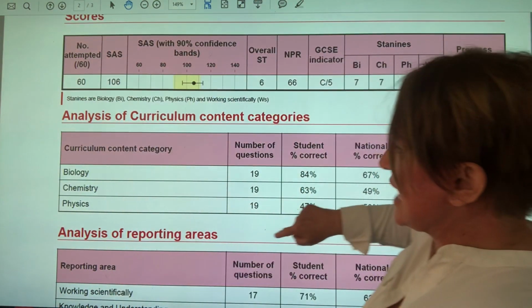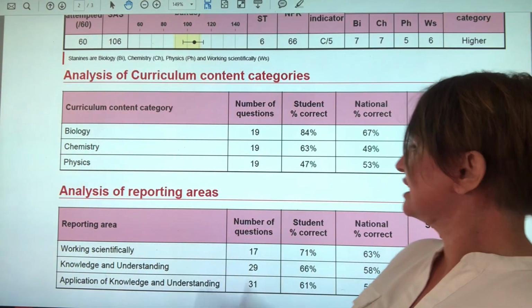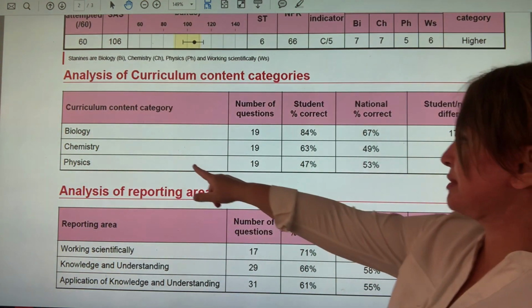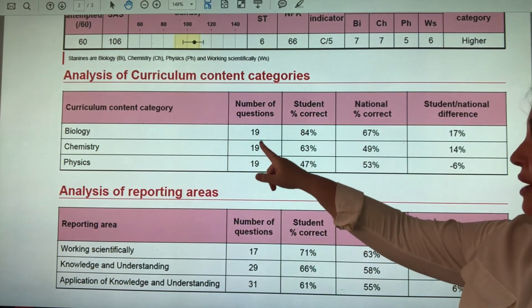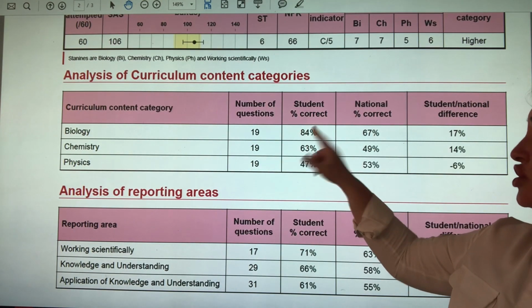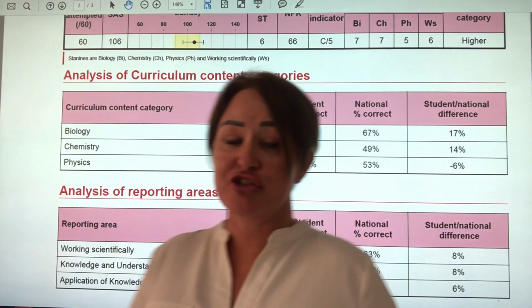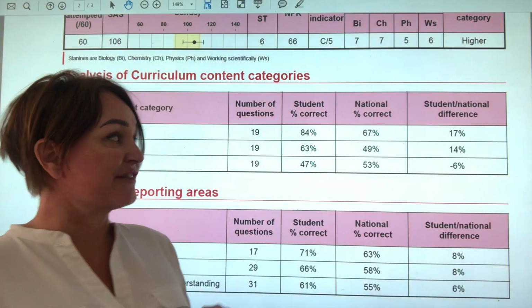Now we have an analysis by curriculum content category. Clearly, it speaks for itself. The number of questions for each one is 19, the student got 84%. Nationally in the UK, the correct percentage was 67%.